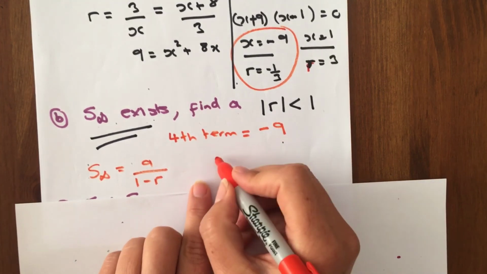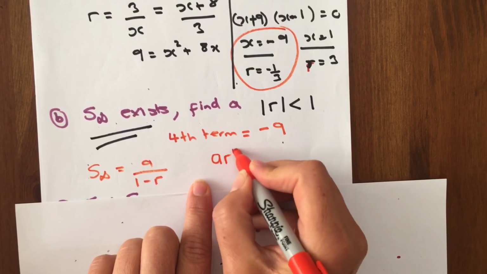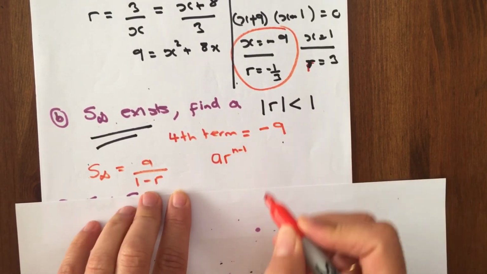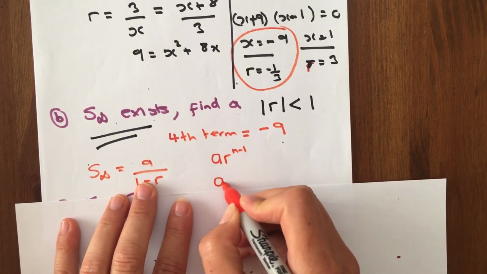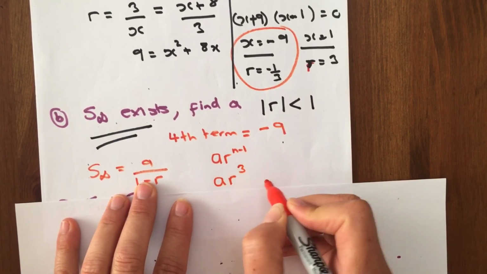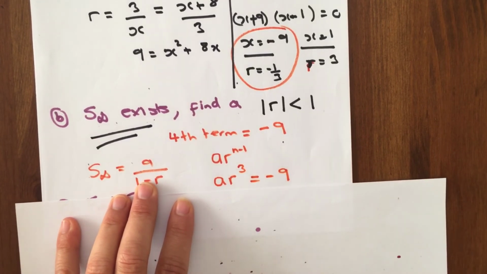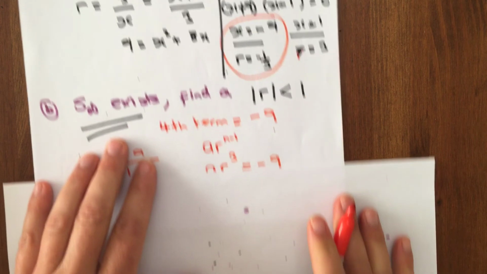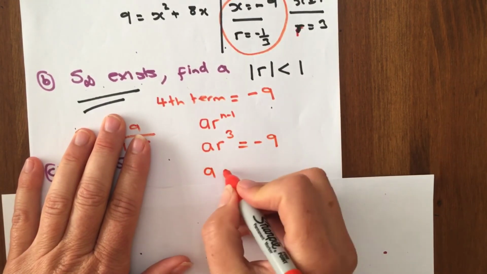Now, I know the formula for the nth term is this. So my fourth term will be AR cubed. And I know my fourth term is -9. I know R is -1/3, so let's put that in.